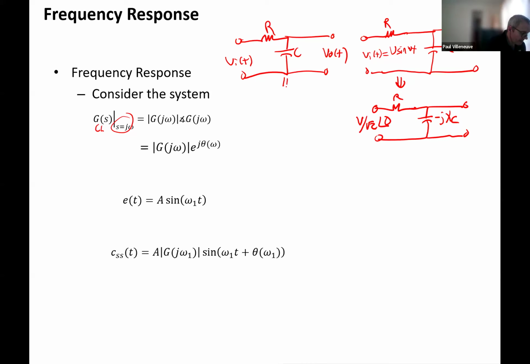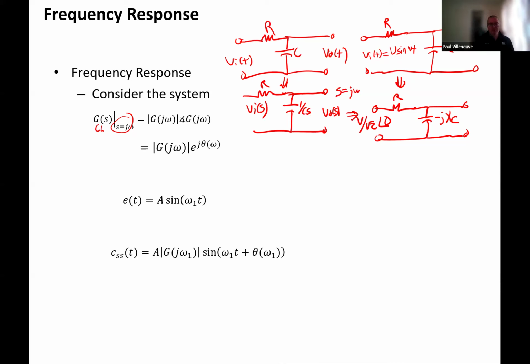In particular, if we take this to the Laplace domain, this is R, this is 1 over CS, this is V out of S, this is V in of S. And what we see is if we substitute j omega for S, so S equals j omega, we end up pretty much with that particular circuit over there, where we have the R and the negative j x sub C. This is a little bit more of a stretch in terms of how our V in of S becomes just an RMS quantity at a specific angle.